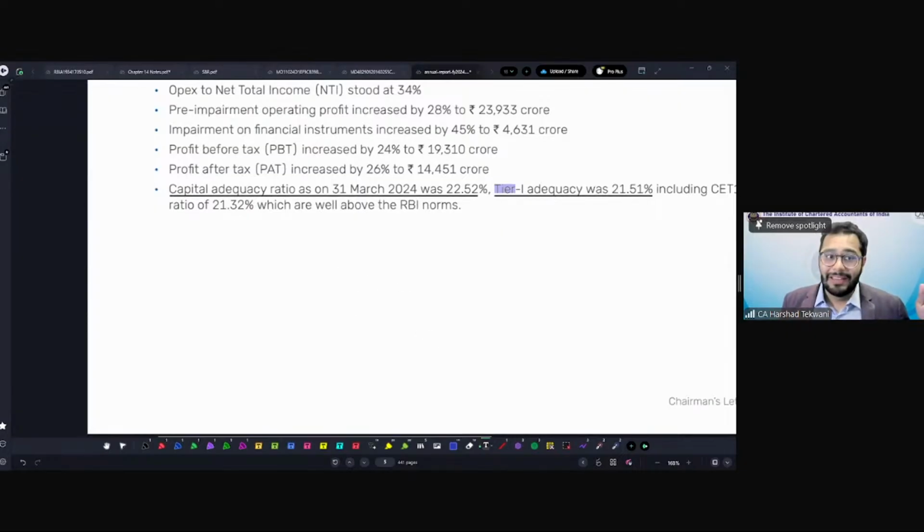We discussed what the minimum should be and how they have maintained it. So this is one reporting they do in their annual report. Also, I'll show you one more reporting where they specify what was their weighted assets ratio and how much was the tier 1.